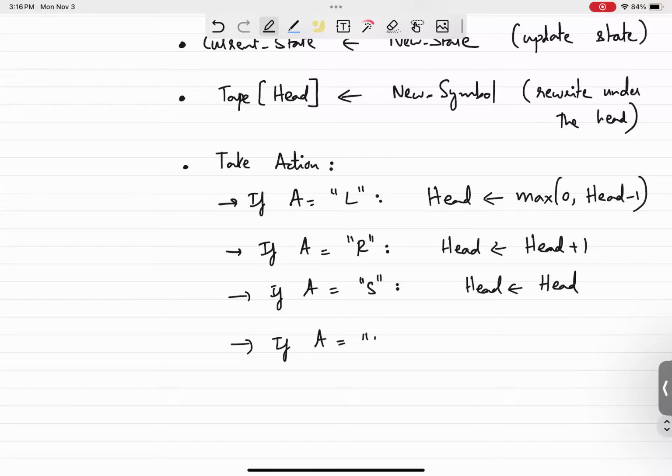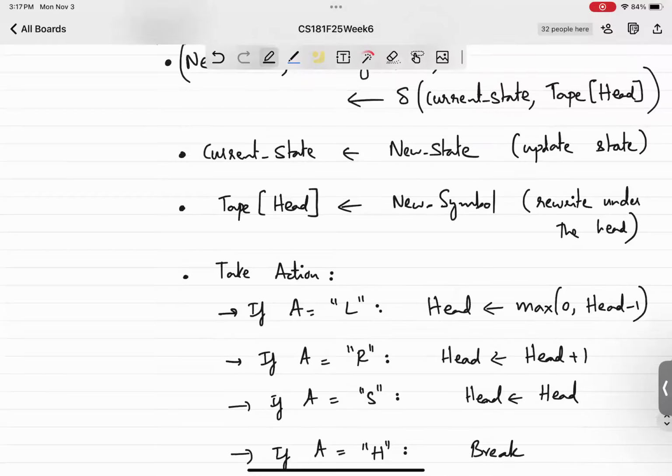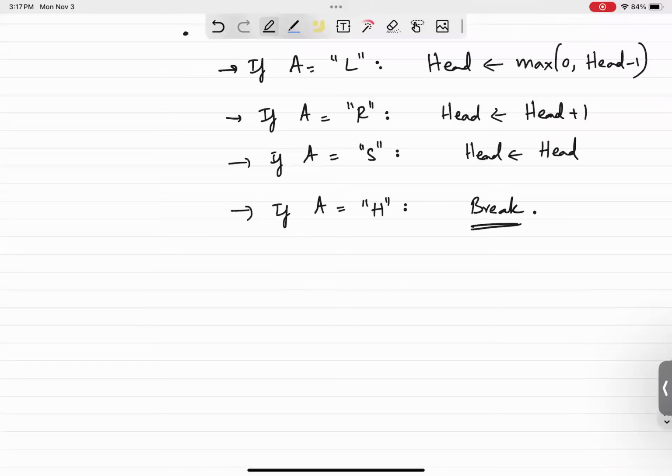And if A says halt, you break out of the loop. Okay? Halt means you're halting the computation, stop the machine. Okay? Any question about what the machine is doing on any input?